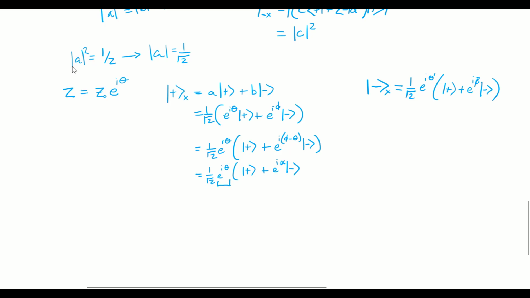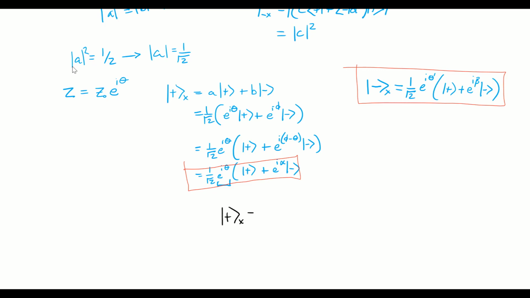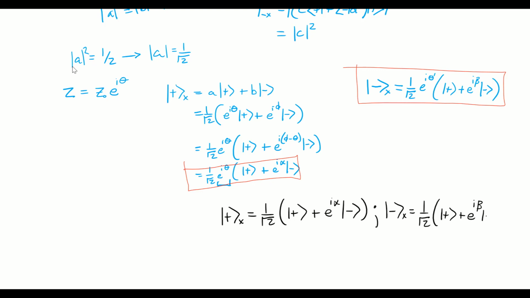But we've got these two equations for our state vectors. We're going to get rid of this global phase and end up with just our two vectors: 1 over root 2 (plus, plus e to the i alpha minus) for our spin up in the x direction, and for our spin down in the x direction, 1 over root 2 (plus, plus e to the i beta minus).